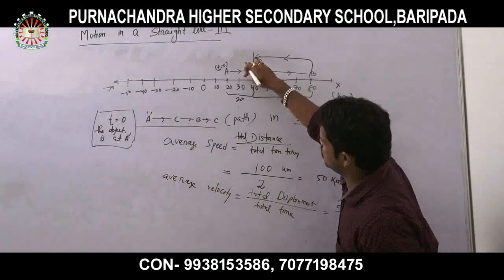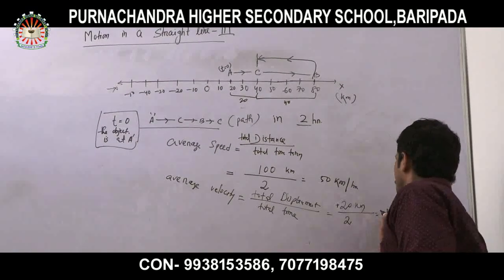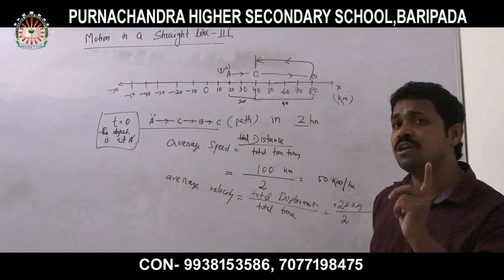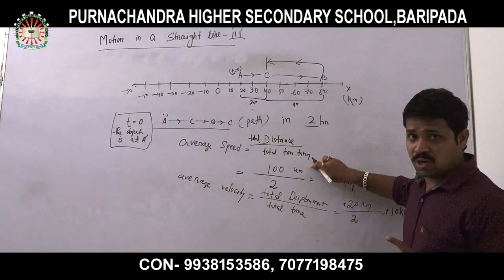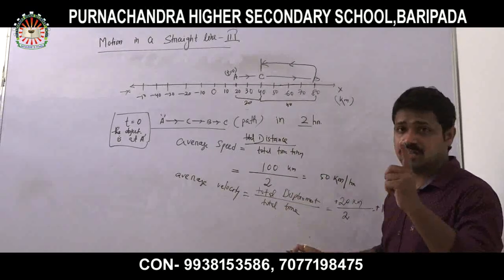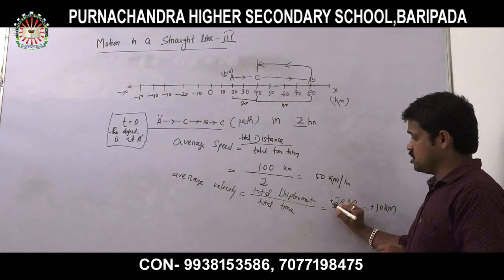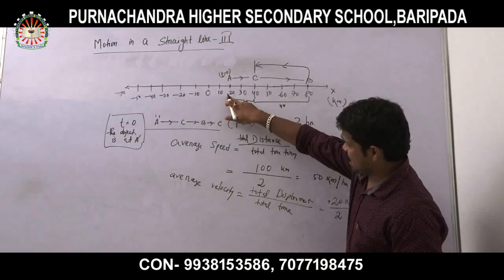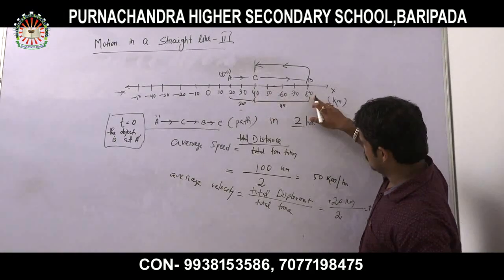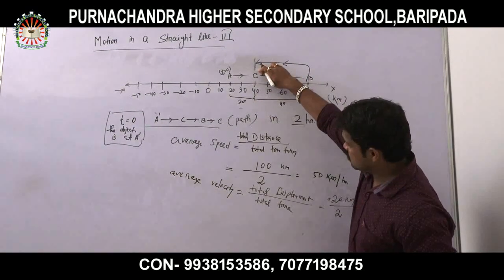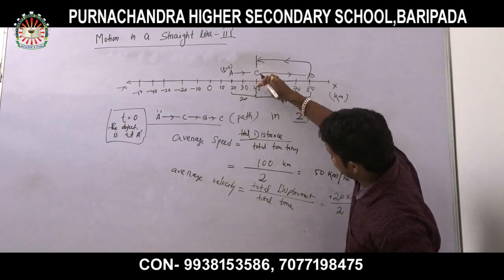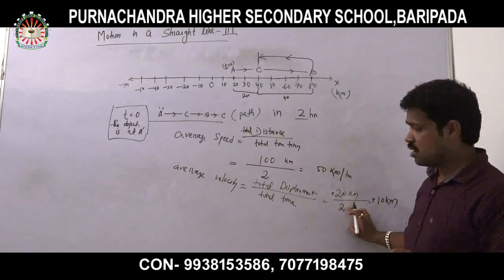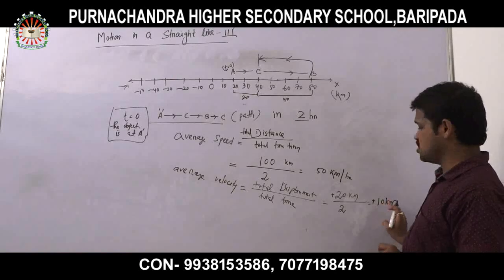And very interestingly, this is the positive value plus, because here I have to take the sign into consideration, not there, because speed is a scalar quantity, but velocity is a vector quantity. So that's why I have to take into consideration the positive value.